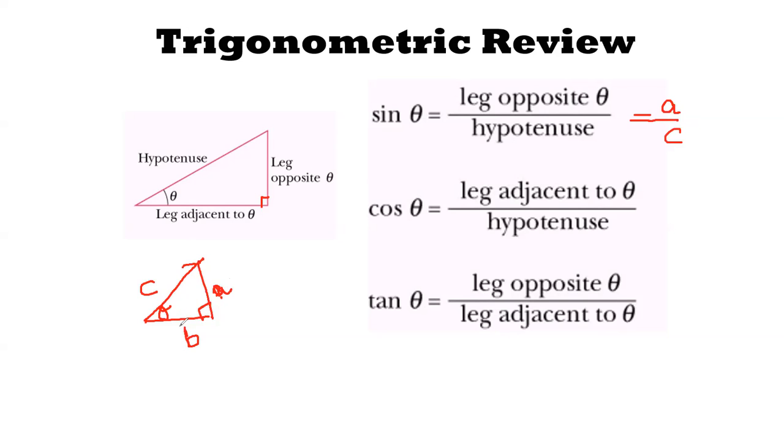Cosine theta is the leg adjacent to theta. This is B, and the hypotenuse would be C. Tan theta is opposite A over B. You don't need complicated things here, but you should easily know the definitions for sine, cosine, tan.